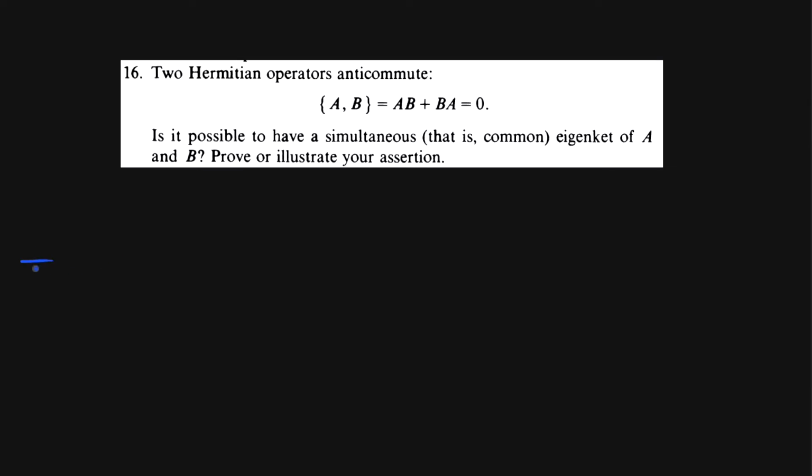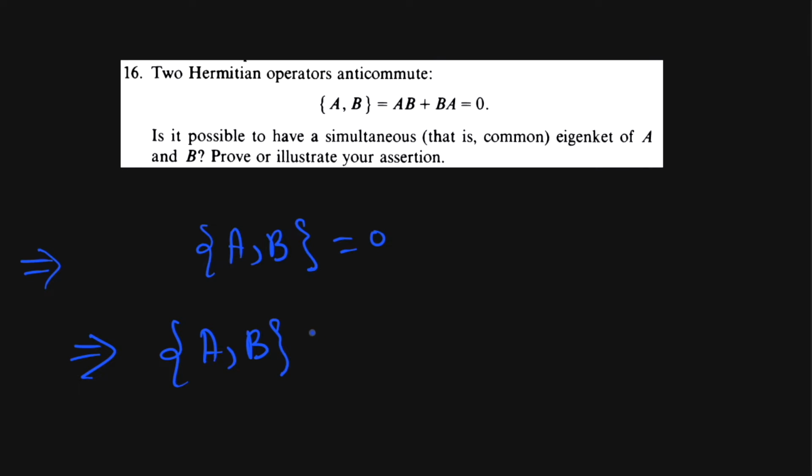Now let us solve question number 16. Here it is asked: two Hermitian operators anticommute, that means {A, B} is equal to 0. Now is it possible to have simultaneous eigenkets? Now let us check that. That means the anticommutator will operate on any state and give 0.